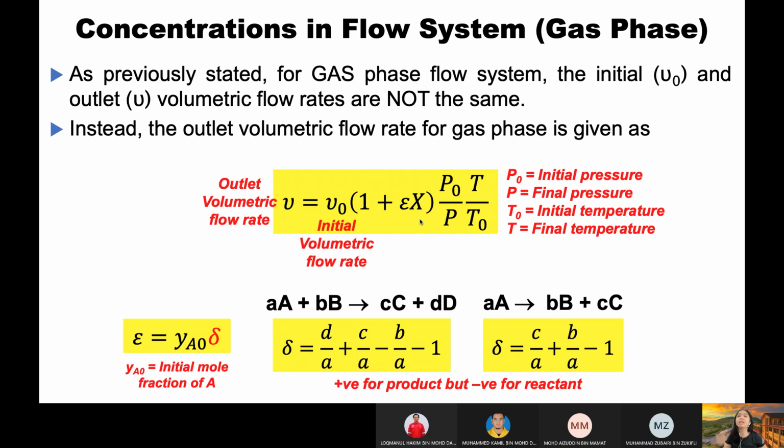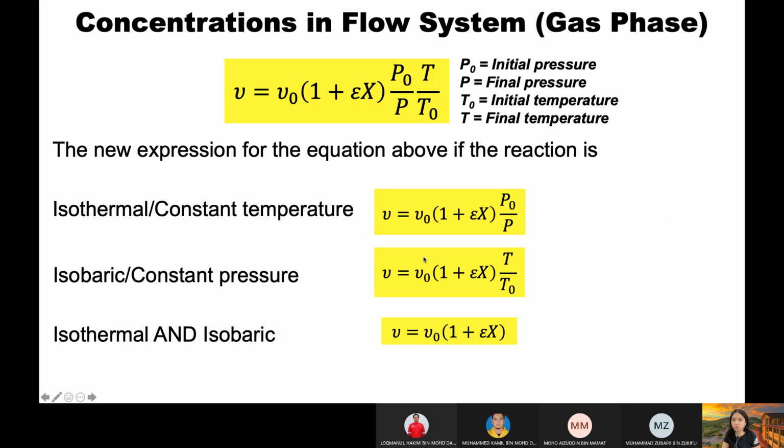Okay, but not yet. We want to find the concentration. Now, as I told you, although this correlation relates pressure change and temperature change, you must remember this equation can change, depending on your reaction.